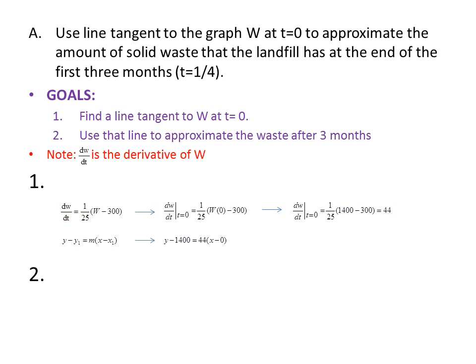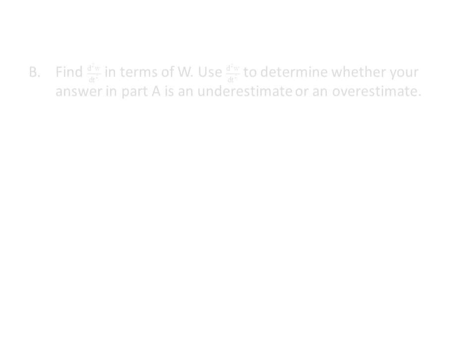To get y by itself on the left side, we add 1,400 to both sides, and we have y equals 44x plus 1,400. To accomplish the second goal, all we need to do is plug in 1/4, and we have 44 times 1/4, which is 11, plus 1,400, which is equal to 1,411 tons.